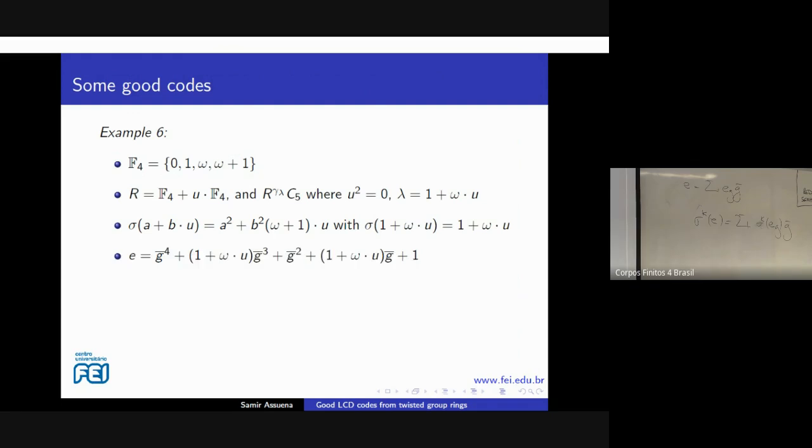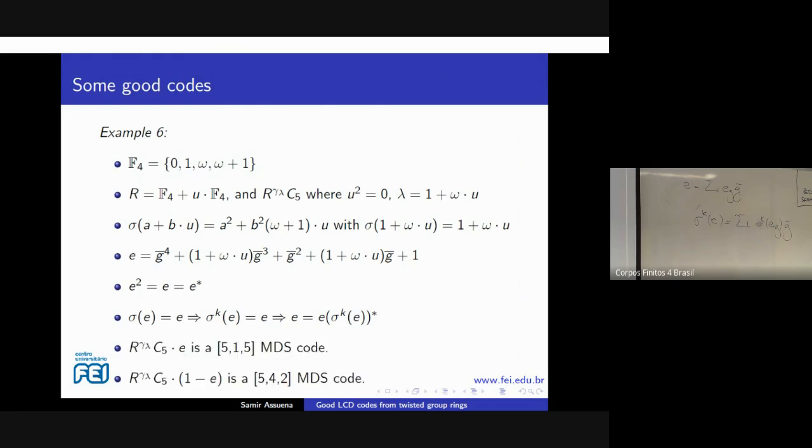So if we consider this element, it's an idempotent fixed by the involution. Since the automorphism fixes the element, its powers fix the element, and always we have this equality. So the code generated by this element is a k-generalized LCD code for all powers k.